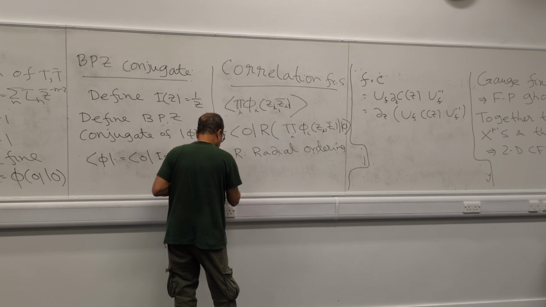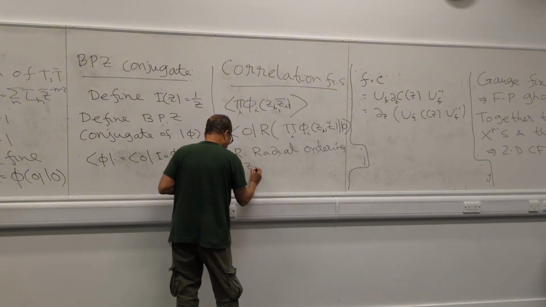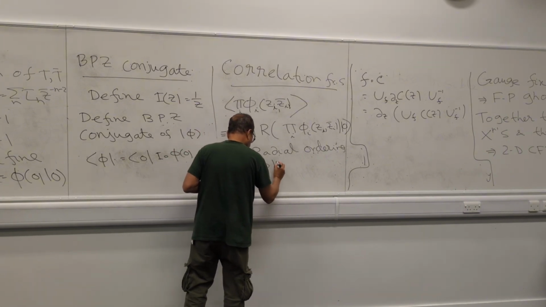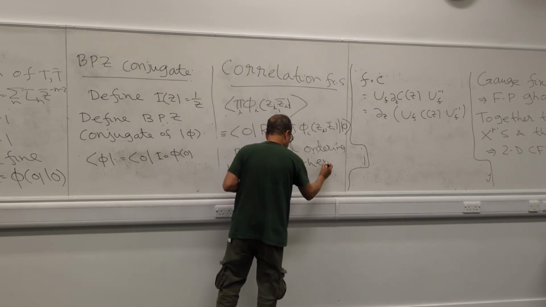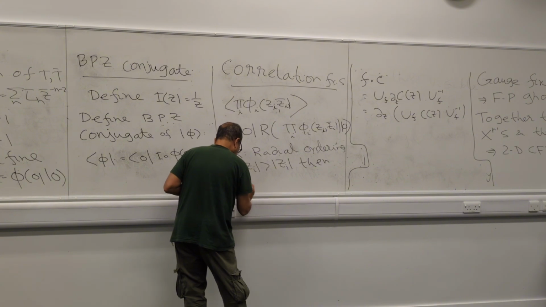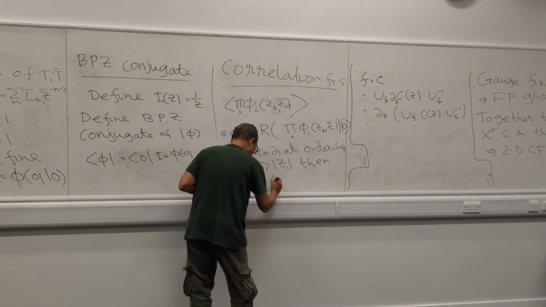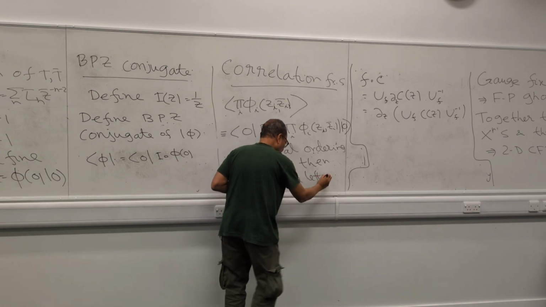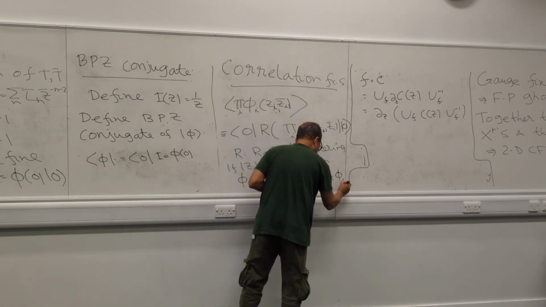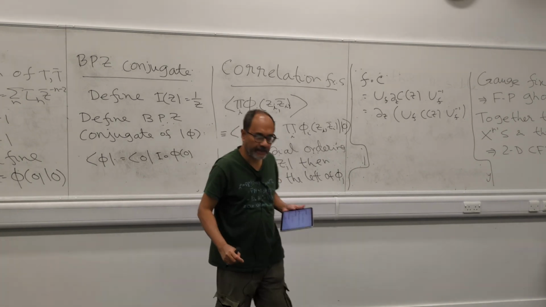And this basically means that if mod Zi is larger than mod Zj, then phi i is to the left of phi j. Okay, so this is the analog of the time ordering.